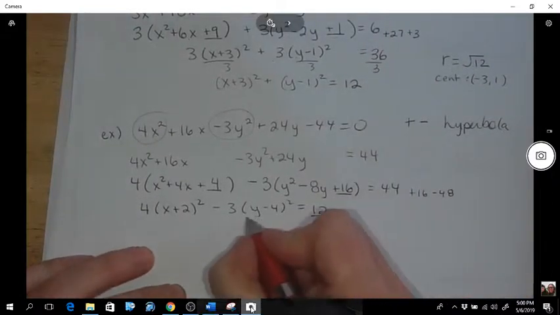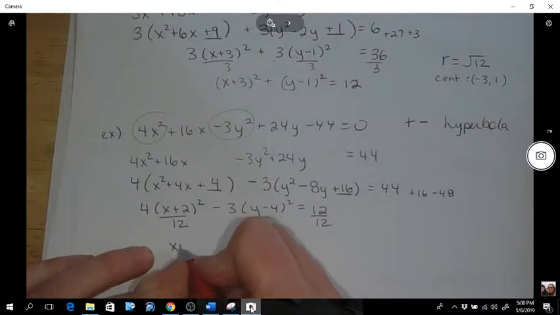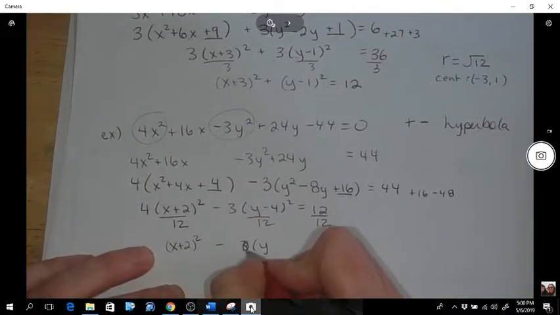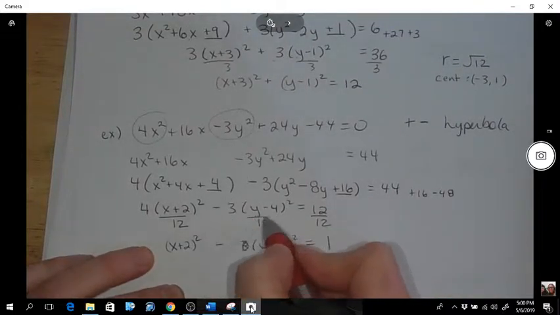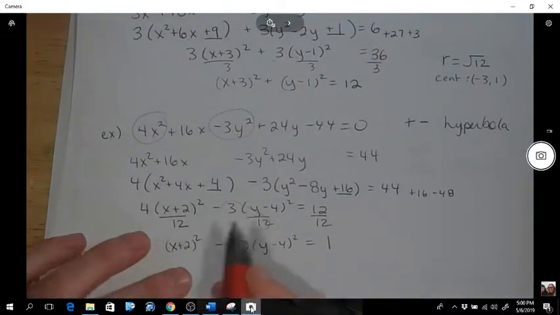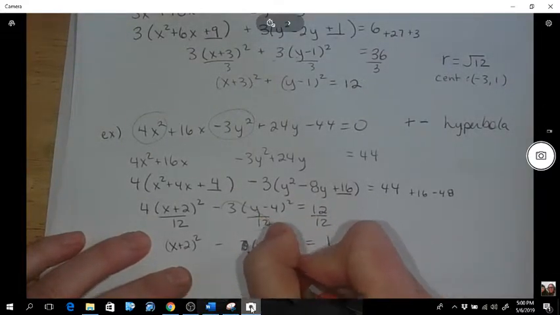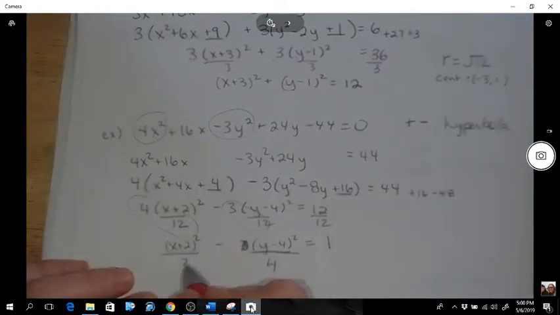So we're going to divide everything by 12. Okay, now let's worry about, oops, 3 divided by 12, I'm going to reduce to a 1 over 4. And 4 over 12, I'm going to reduce to a 1 over 3.